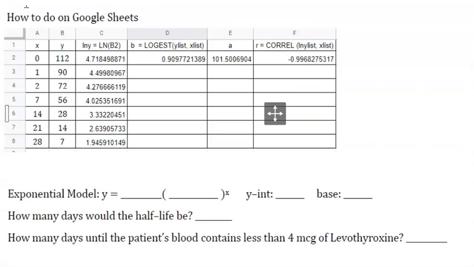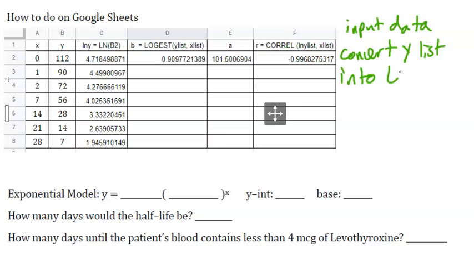So on Google Sheets, we want to go to data and convert the y list into an ln y list. You do that by putting this into this box right here.